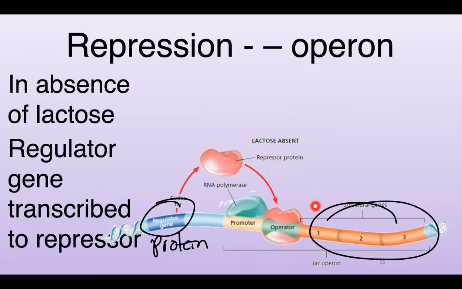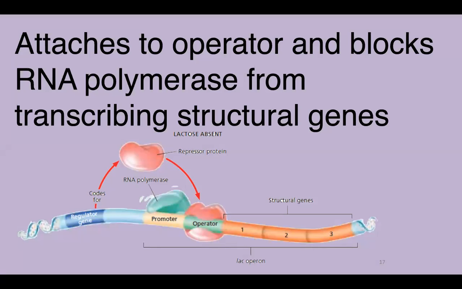This is for when lactose is not present. So again, the regulator gene is transcribed and translated. It produces the repressor protein. The repressor protein binds to the operator and physically blocks RNA polymerase from transcribing the genes to break down lactose. So when there's no lactose, you don't need enzymes to break down lactose.